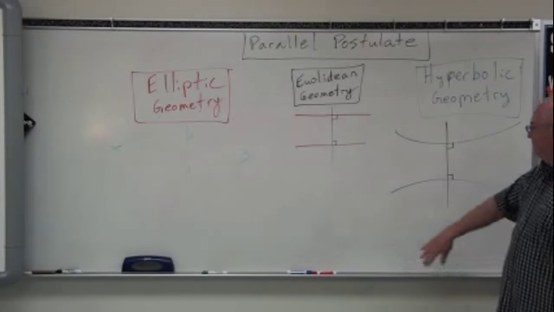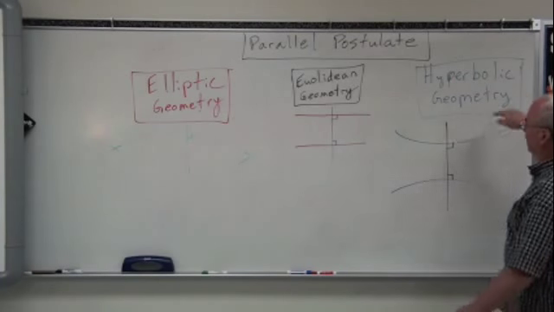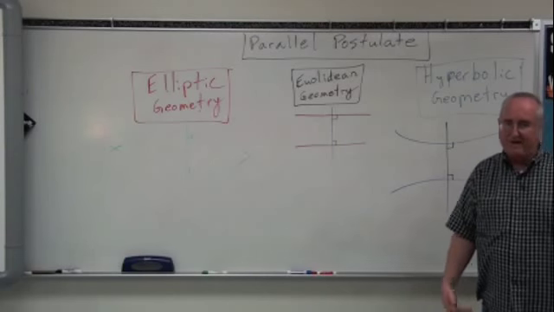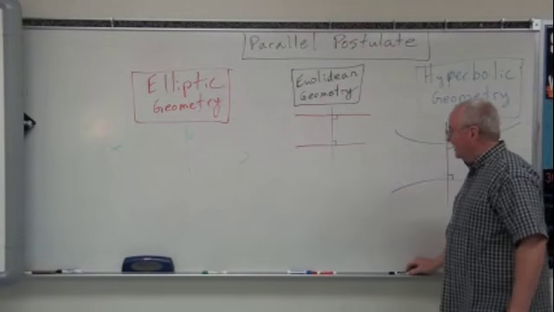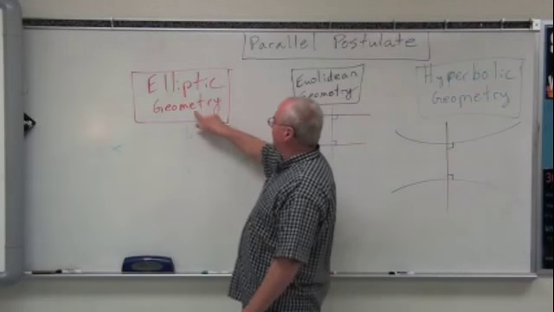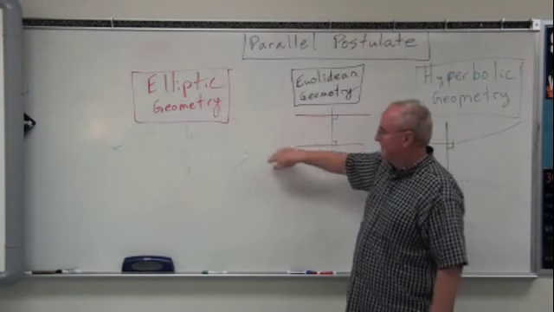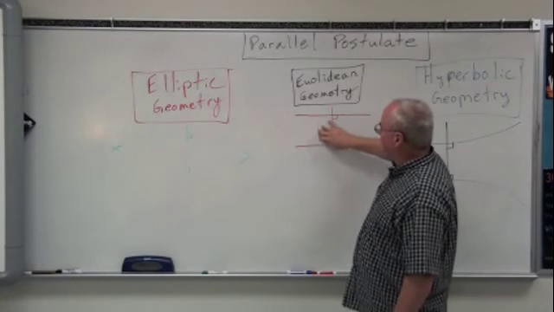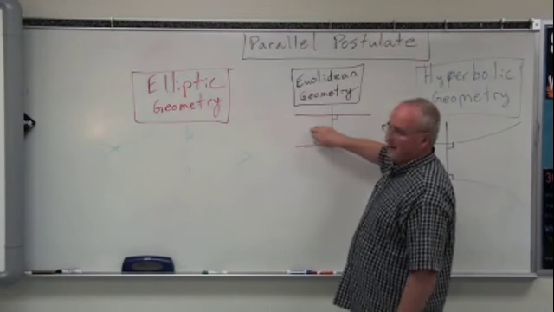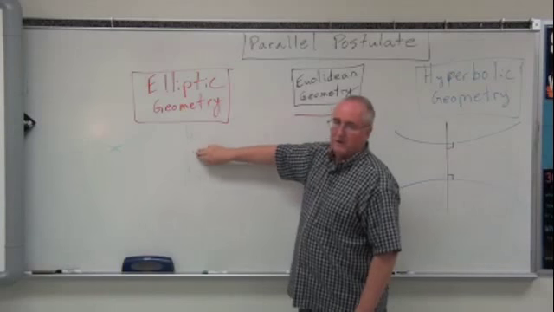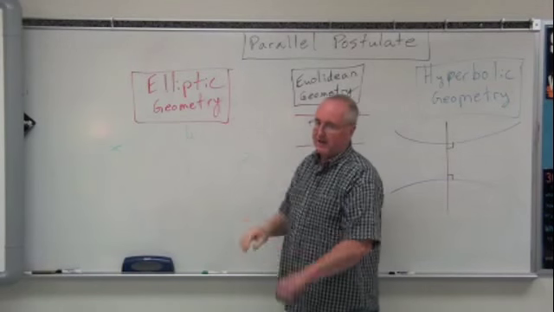And on top of that, there's several lines that go through those points that will never meet and never touch. So what you see is basically elliptic geometry comes back and says, sorry Euclid, we don't agree with this. There's not just one set of lines here, and all the lines that go through those points are always going to touch because they all bend together.